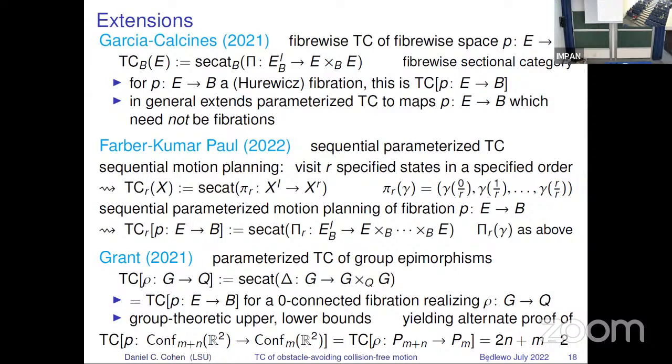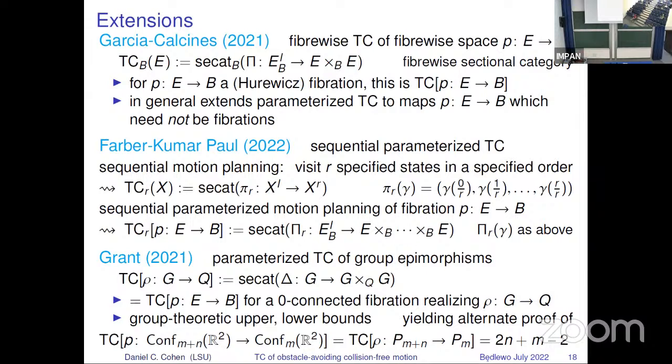Secondly, not long ago this year, Michael Farber and Kumar Paul extended the notion of sequential topological complexity to the parameterized setting. So in the absolute or classical setting, sequential motion planning asks that you not go from an initial point to a terminal point, but you go from an initial point to a terminal point, visiting specified states in between.